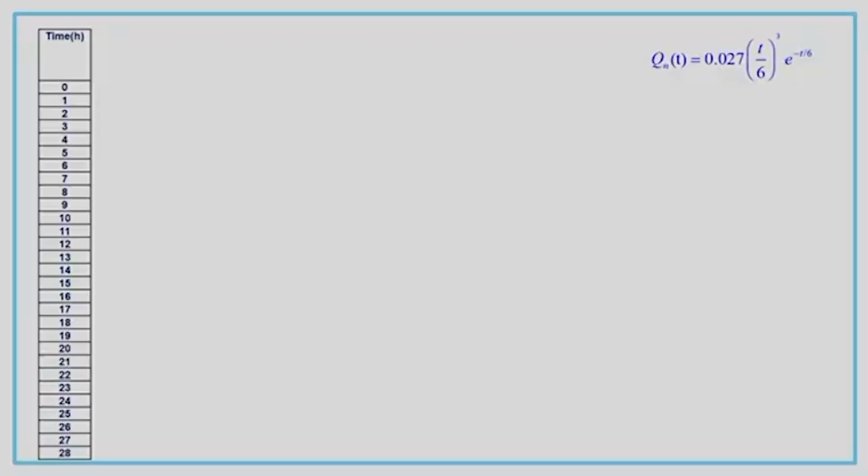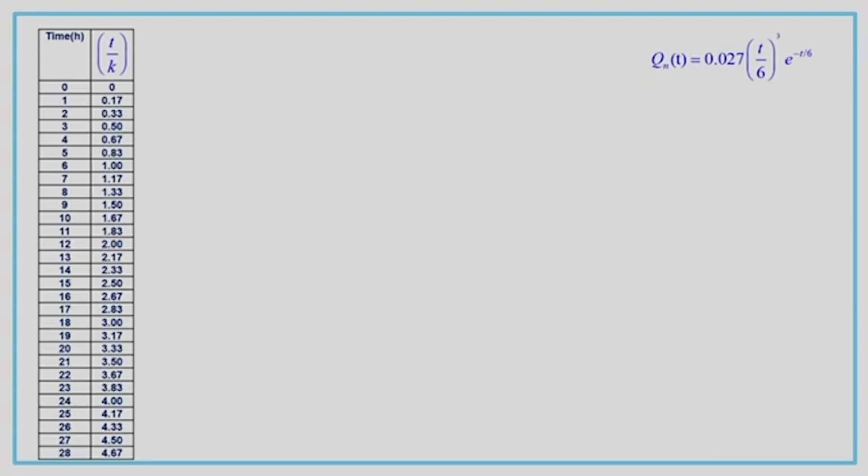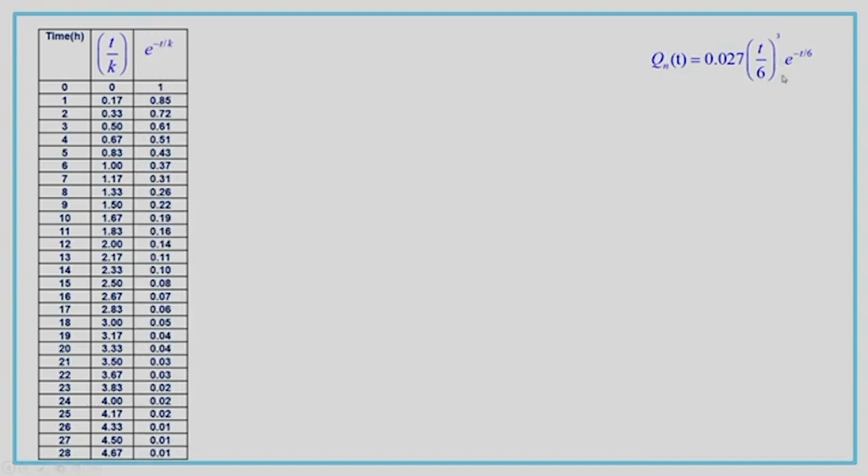So here we have the time ordinate and our equation. We will find the value corresponding to the ordinate of the IUH. For that, first we find t by K, that is t by 6, which is listed in this column. Now we have a term e to the power of minus t by K, which is calculated and listed in this column.